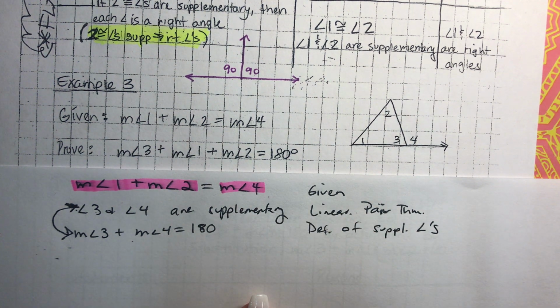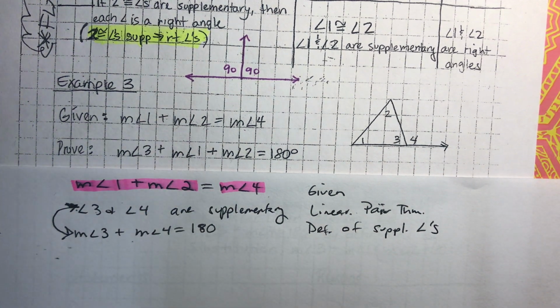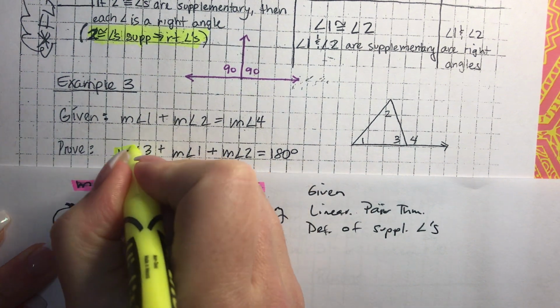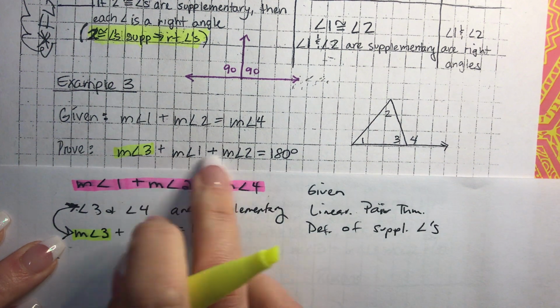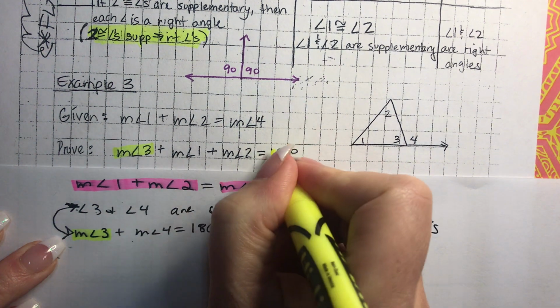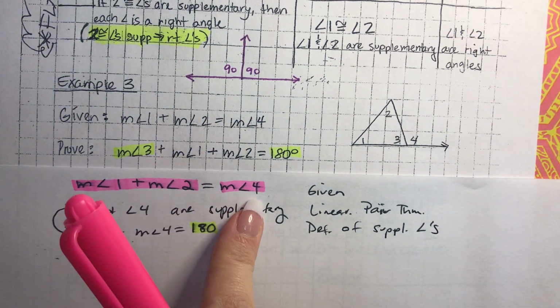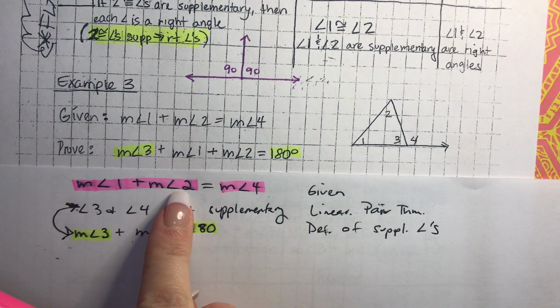So what do we have? This is what I'm trying to prove. I have the measure of angle 3, I have the 180 here. But what do I know? I know what the measure of angle 4 is equal to: the measure of angle 1 plus the measure of angle 2.